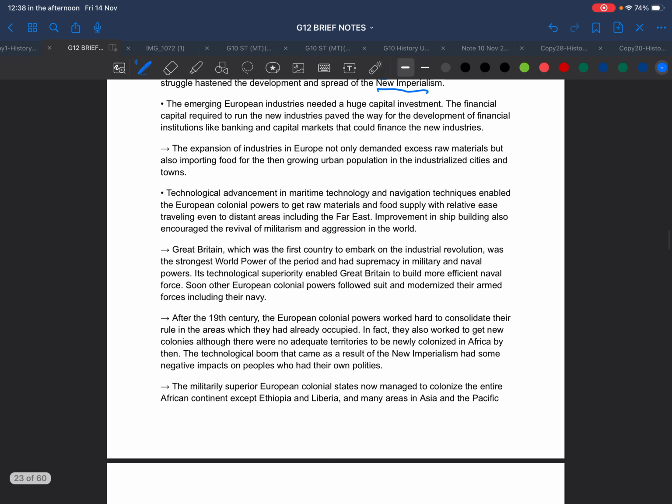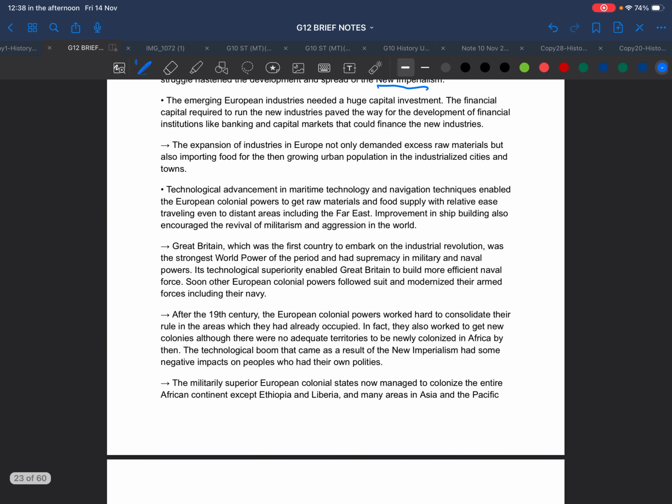The emerging European industries needed huge capital investment, a huge amount of money and other materials that were very important in colonizing Africa.